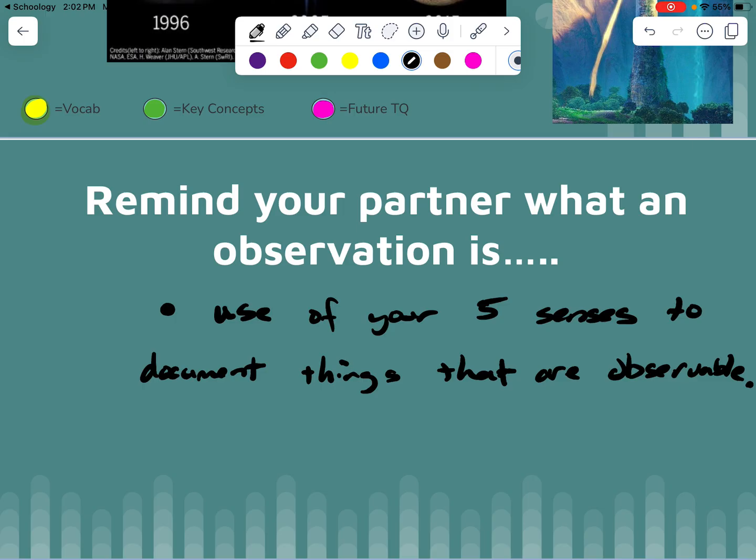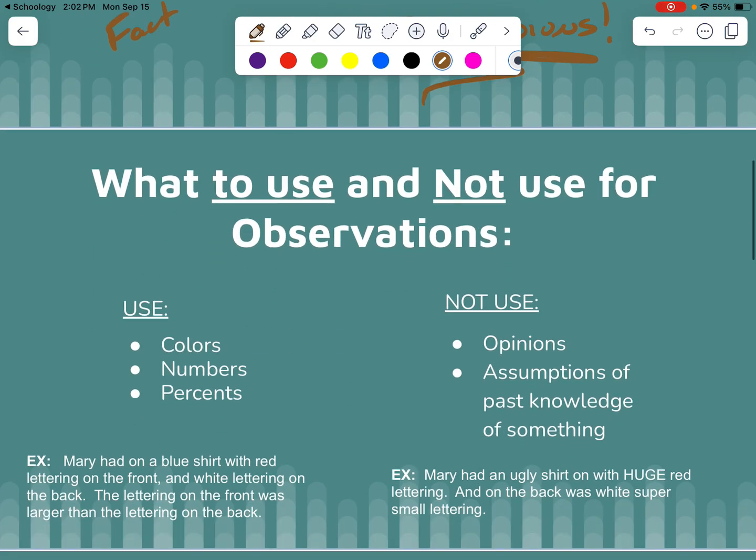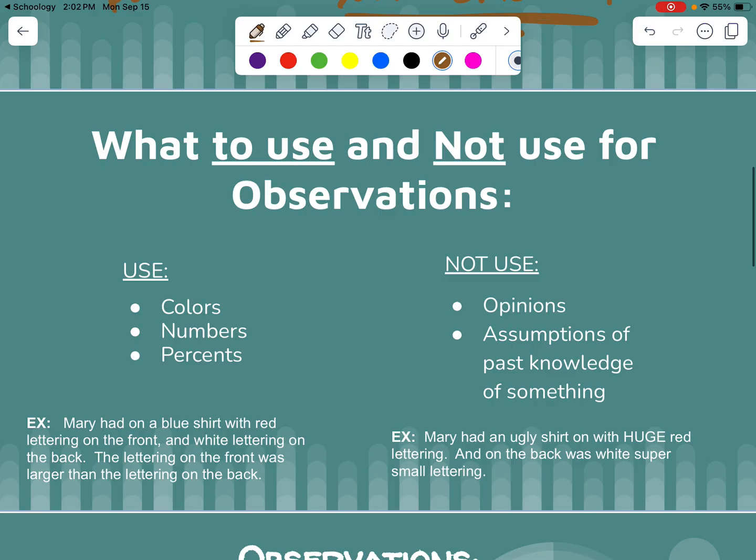So the key thing here, of course, is 5 senses, right? So notice I underline it in pink, potential test question, right? So those are observations. They are fact based on what you're seeing. They are not opinions, because that's an interpretation or an inference. Now, anytime during this presentation, press pause so you can get caught up.